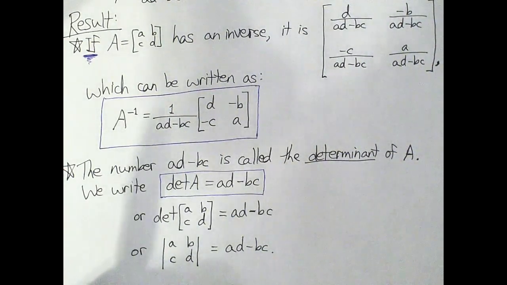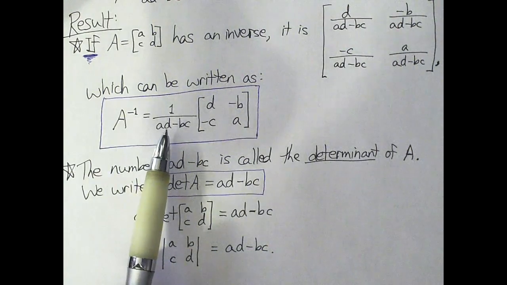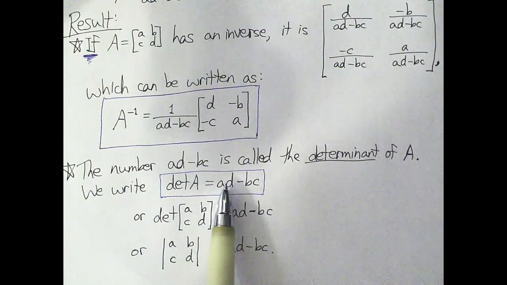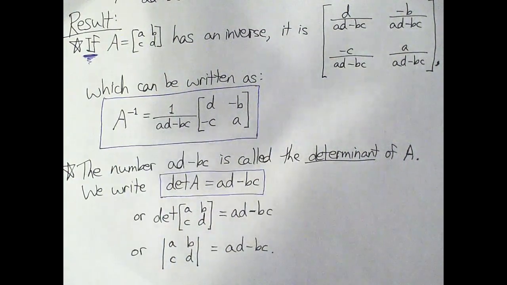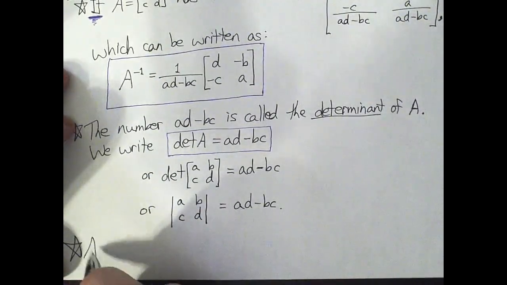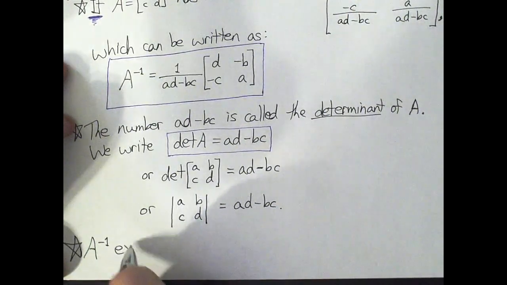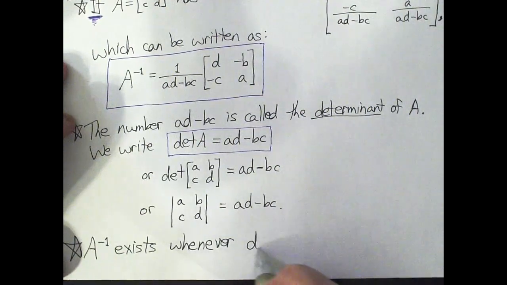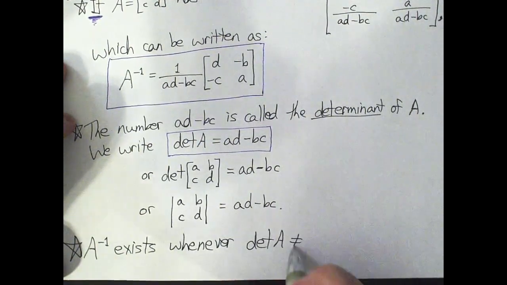Now, you might look at this and say it seems like we're making some assumptions here, because what if this denominator is 0? AD minus BC is a real number, right? What if you had numbers for A, B, C, and D that made this denominator equal 0? Then you'd have 1 over 0. Well, it turns out that A inverse exists whenever the determinant of A is not 0.